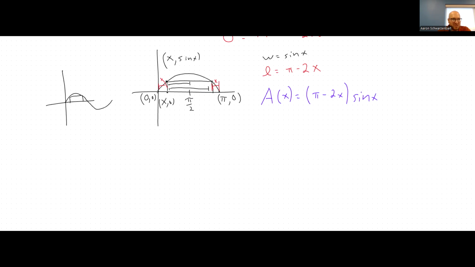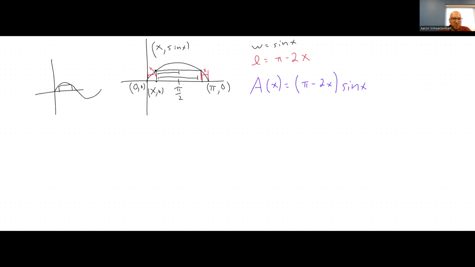I could take this derivative using the product rule. I could also just graph and find the maximum, right? I probably couldn't solve that derivative function equals 0. So we're going to go ahead and just graph this.